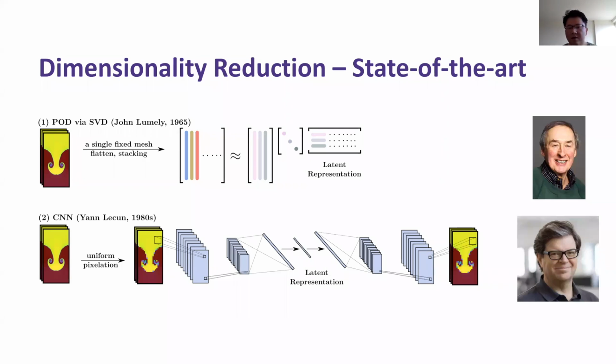After that, the fluids community basically just called the actual SVD as POD. The algorithm behind POD is the singular value decomposition, a matrix decomposition technique. It tries to find a low-rank decomposition of an arbitrary matrix. Okay, so this is how it works.